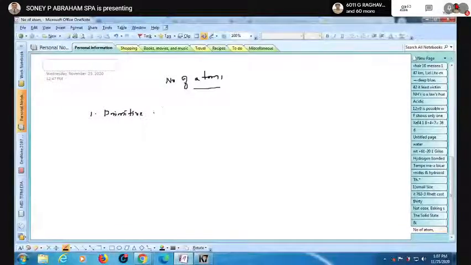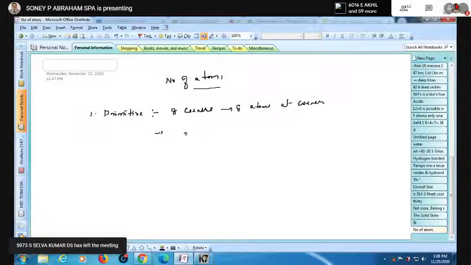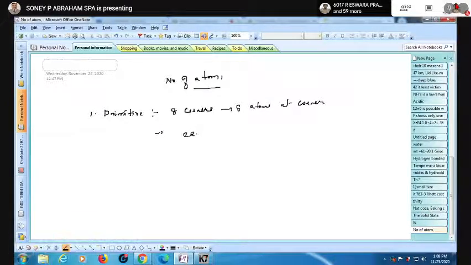And in the primitive, 8 corners are there, and therefore 8 atoms or molecules or ions at corners will be there. And you can see that each corner is shared by how many unit cells?